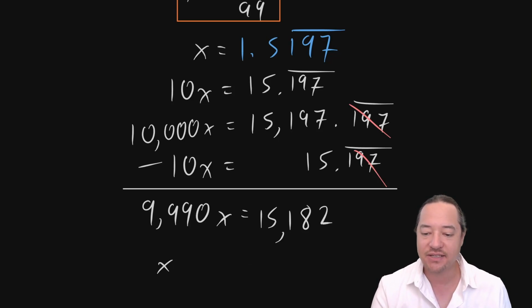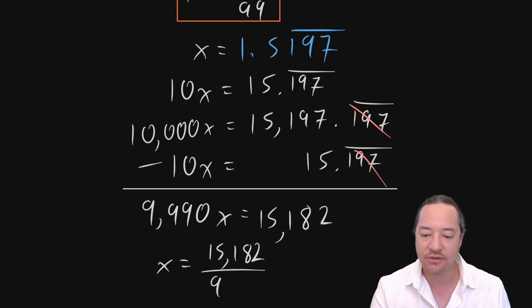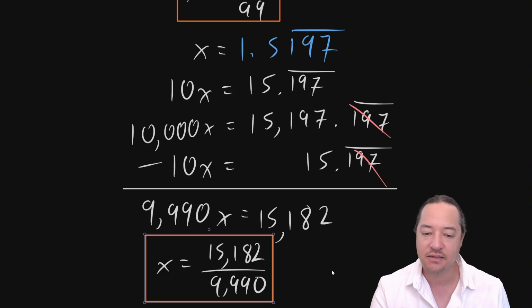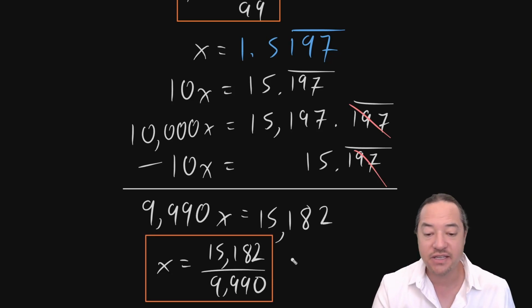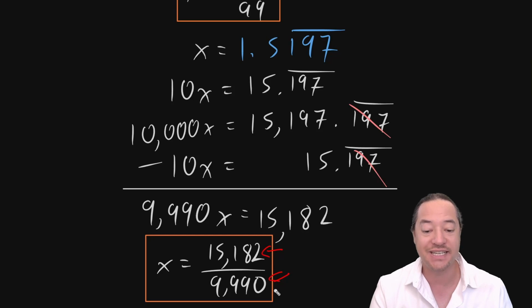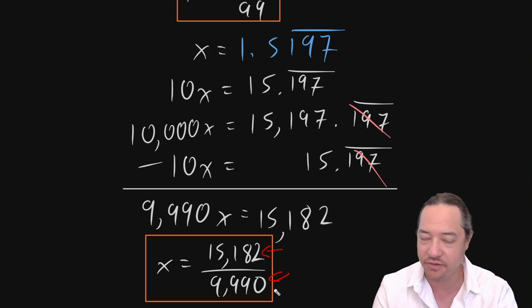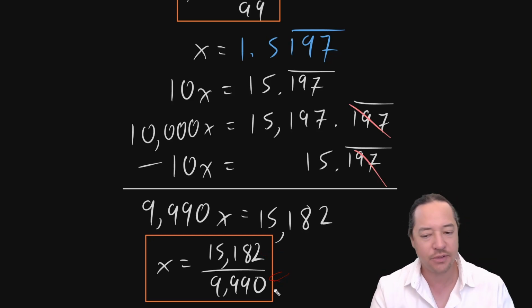Let's solve for x. That means x is going to be equal to 15,182 over 9,990. You can probably simplify this. Notice both of these numbers are even, so you can definitely divide both of them at least by 2. But I don't care about that.